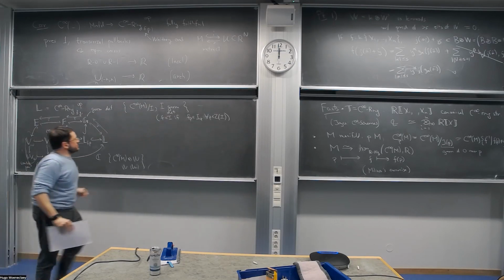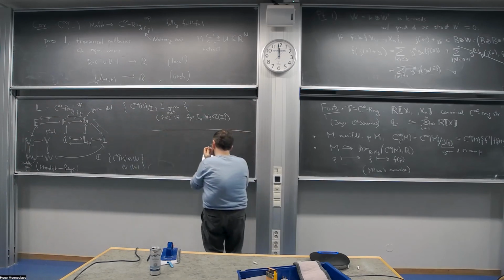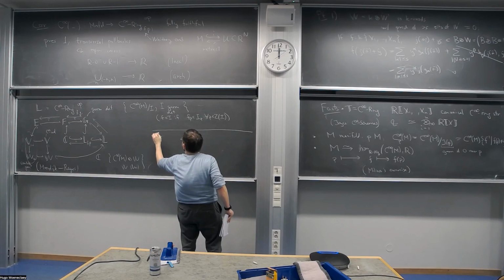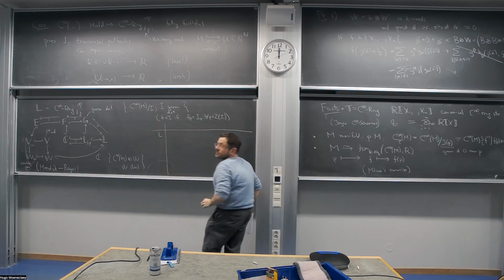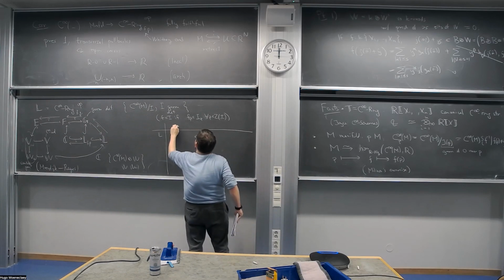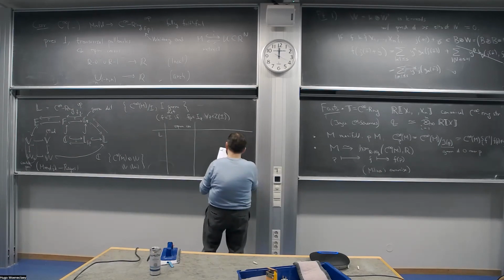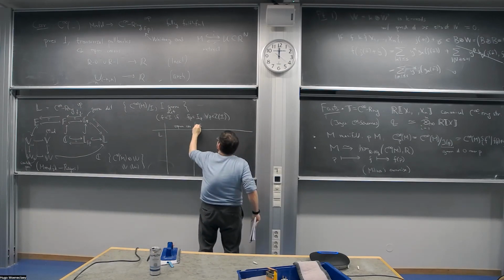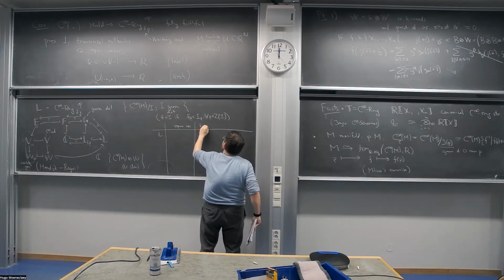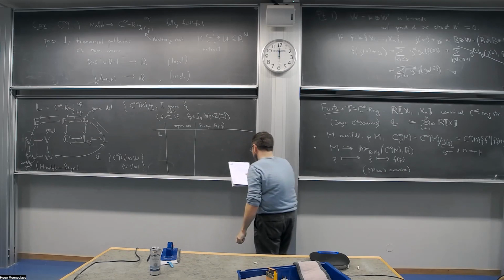And then let me put some of the topologies down. For each of the sites, we can pick a topology. So let's say we take the open cover topology, or we could take the finite open covers, maybe plus projections. For most of them, it doesn't matter.